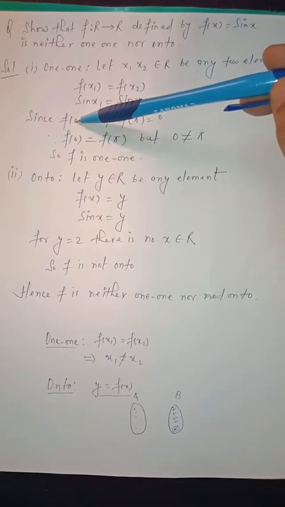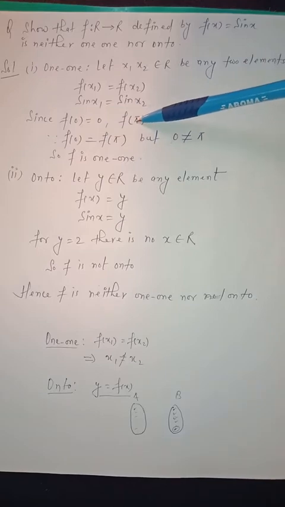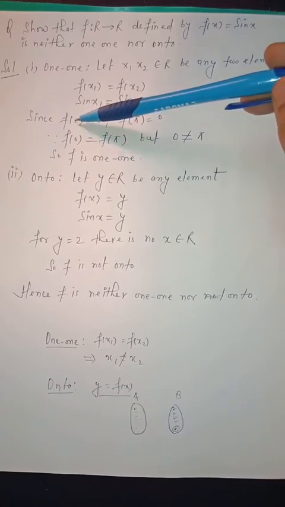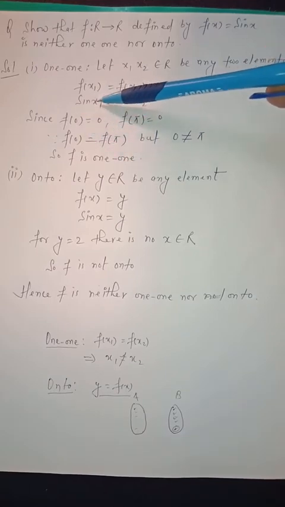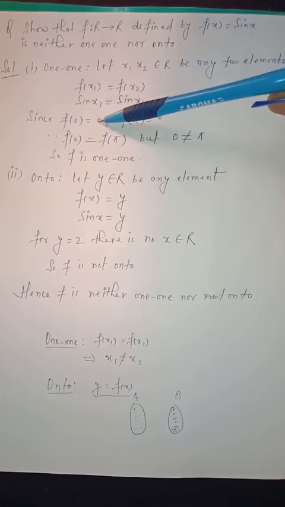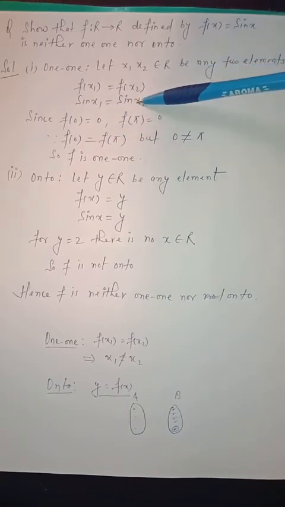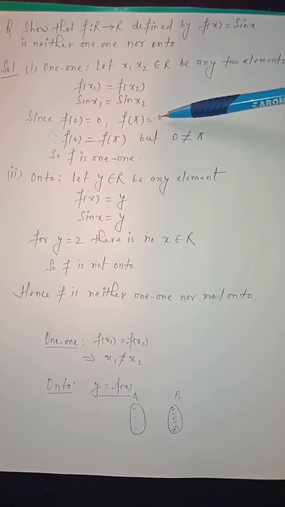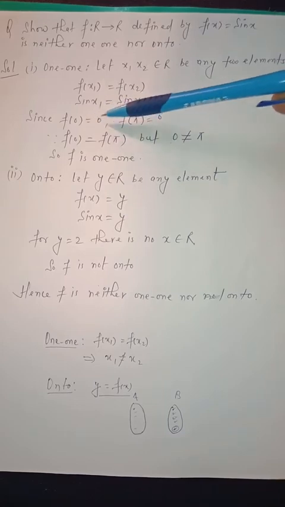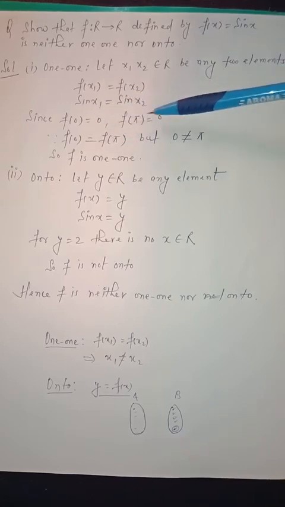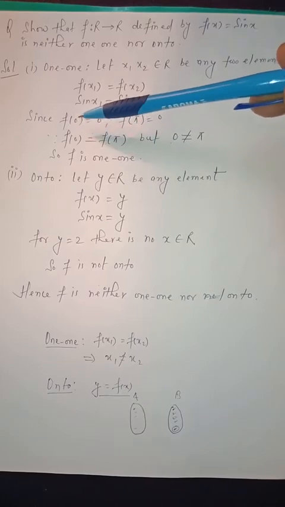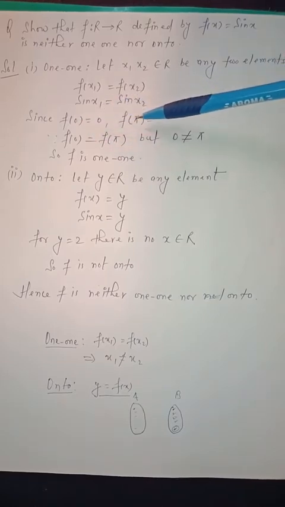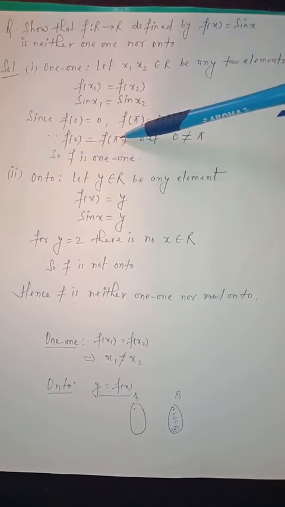Take one value 0 and take one value pi, and we know that when x1 is 0, sin 0 is 0, whereas sin pi is also 0. It means here these x1 and x2 are different, but their values, f of x1 and f of x2, are both equal.